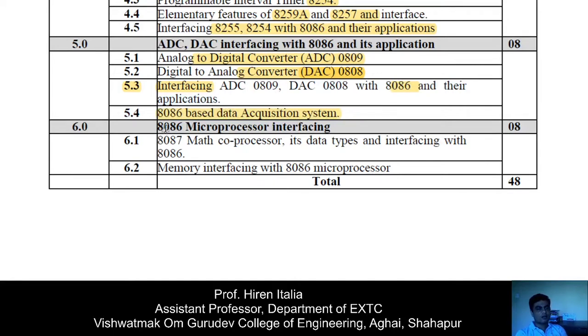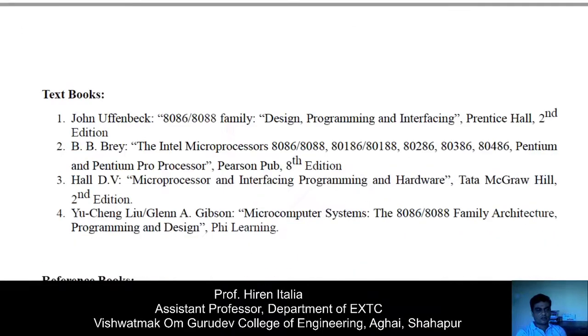Then another coprocessor and how it interfaces with the 8086, we study in module number 6. That is the 8087 coprocessor, its data types and interfacing. Then there will be the memory interfacing of the 8086 microprocessor. So these are the 6 modules that we will study, and next there will be the textbooks.